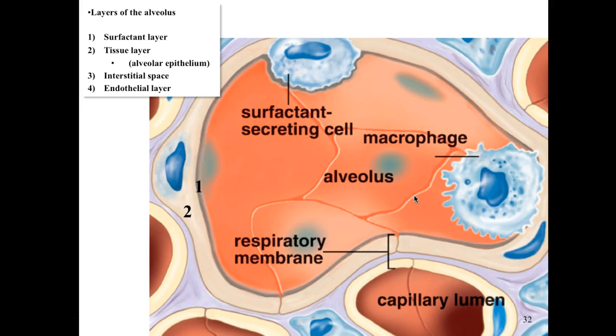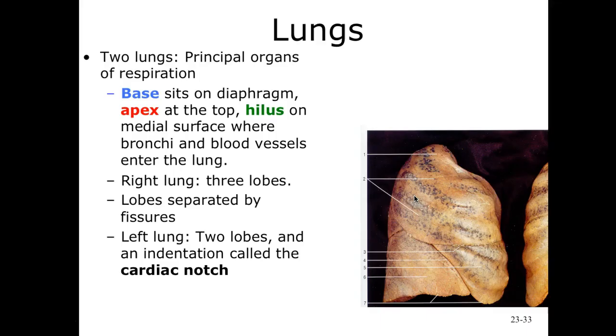Our second layer is our tissue layer that contains all of those wonderful cells: the alveolar epithelium, or our type 1 pneumocytes, the type 2 pneumocytes, the type 3 pneumocytes. And then we have our interstitial space found at the number 3. And lastly, our endothelial layer of our capillary at the number 4.